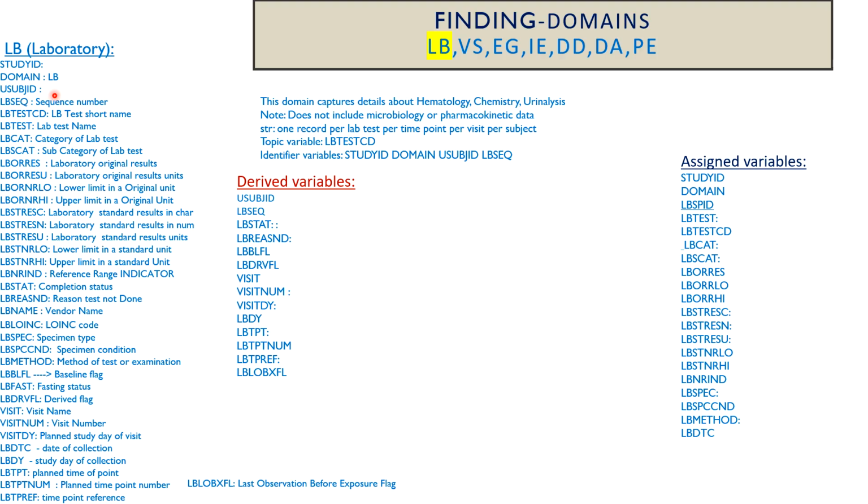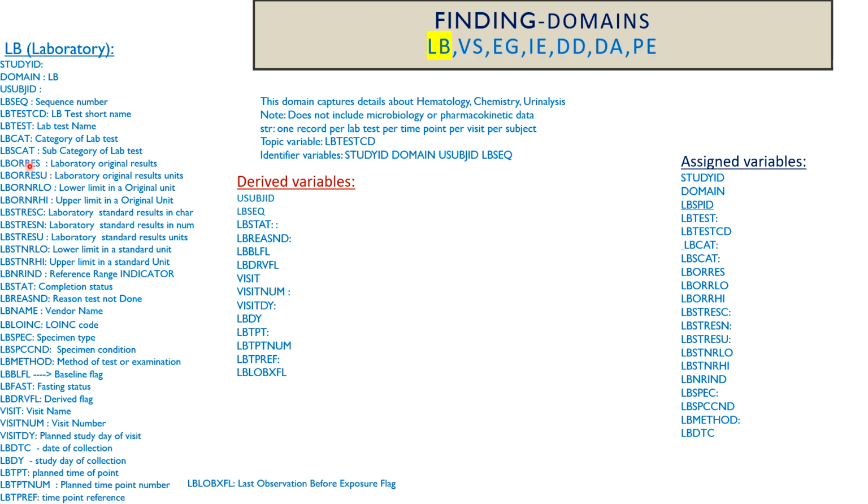USUBJID we know already. The sequence number we know how to create and derive. LBTESTCD is the topic variable, the short name of the test name. LBTEST captures what test we did, and the short name of the test goes in LBTESTCD. LBCAT and LBSCAT capture the category, and if there is any subcategory, its details are captured here.